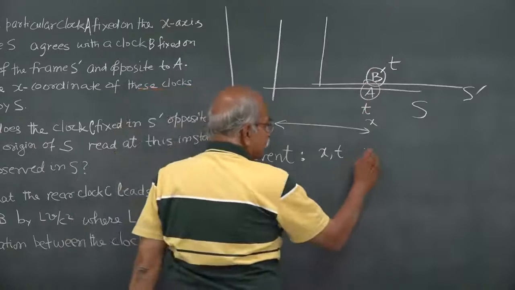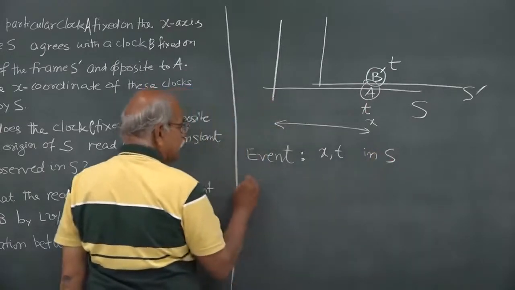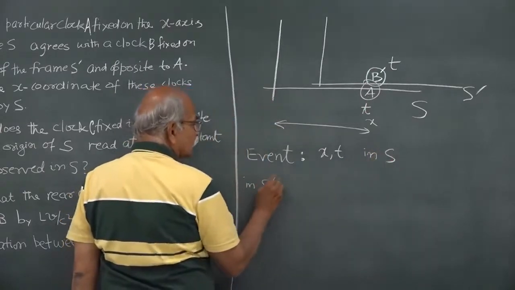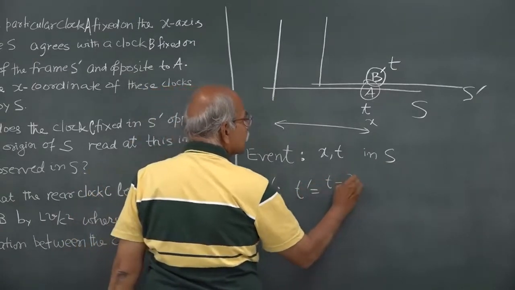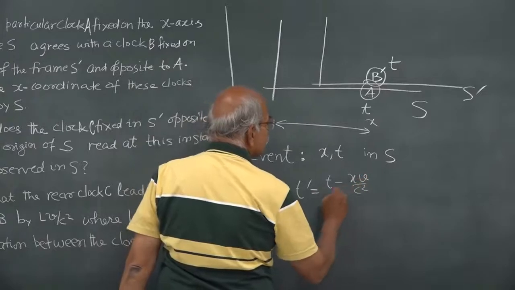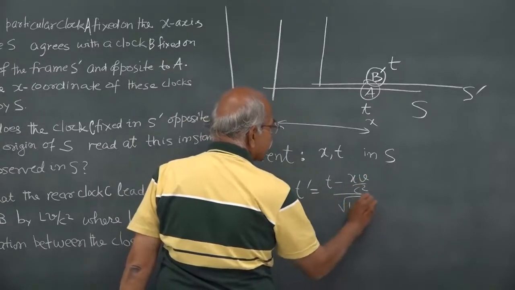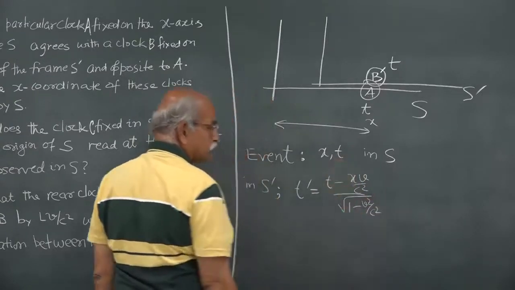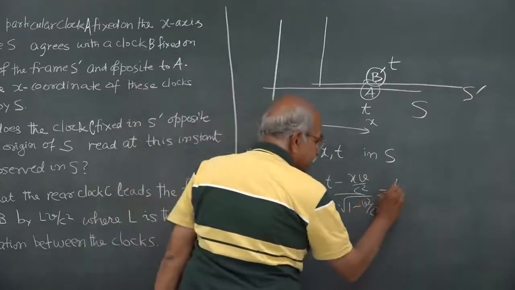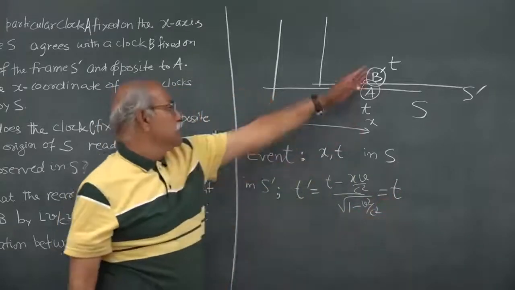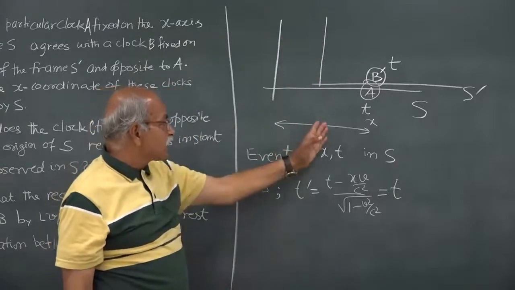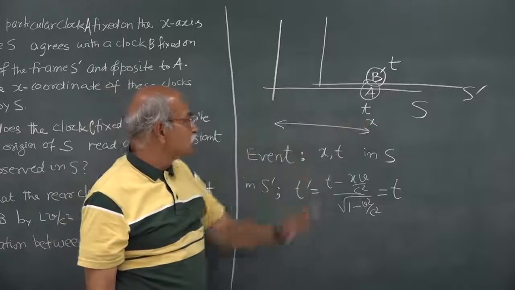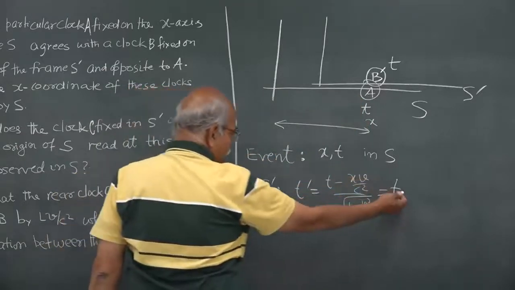So, this is in S, and therefore, in S prime for the same event t prime should be equal to t minus x v by c square and then square root 1 minus v square by c square in denominator, and this is equal to t. It agrees, these two clocks agree, and the question is, what is this x? How much is this x? So, you can work it out from here.